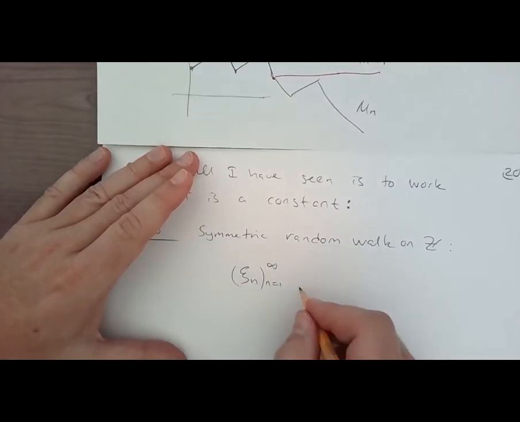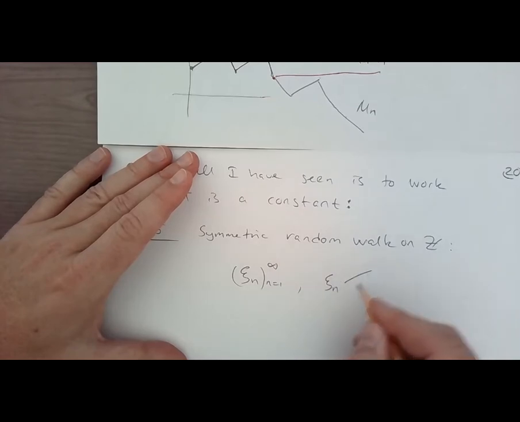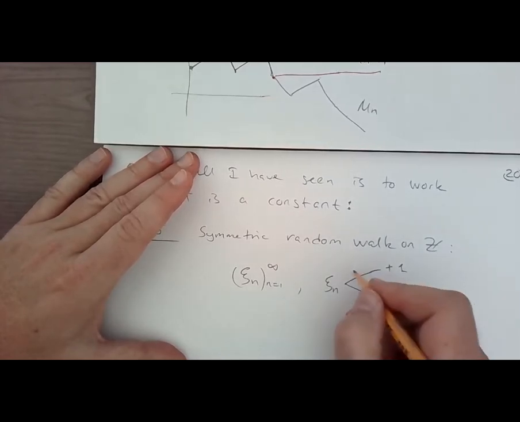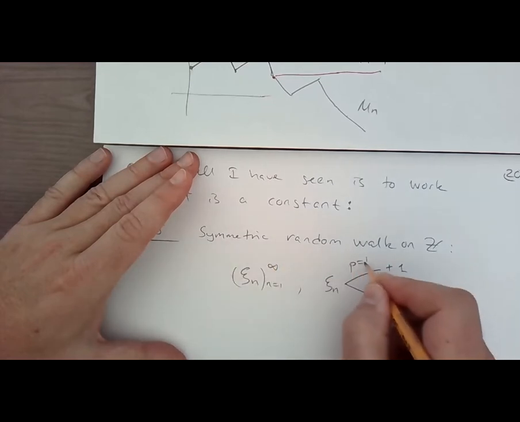We have our psi's, and we're going to go up by 1 or down by 1, and it's symmetric, so the probabilities are half.